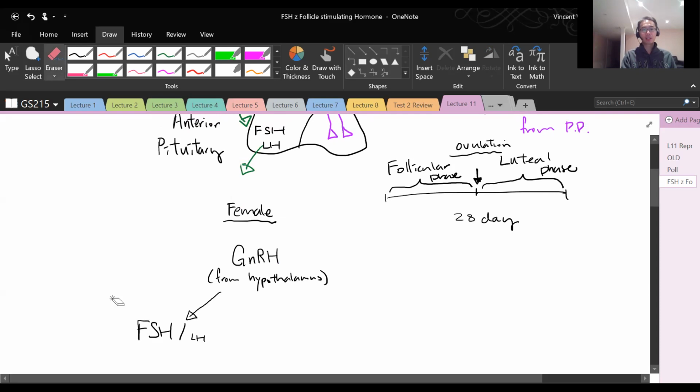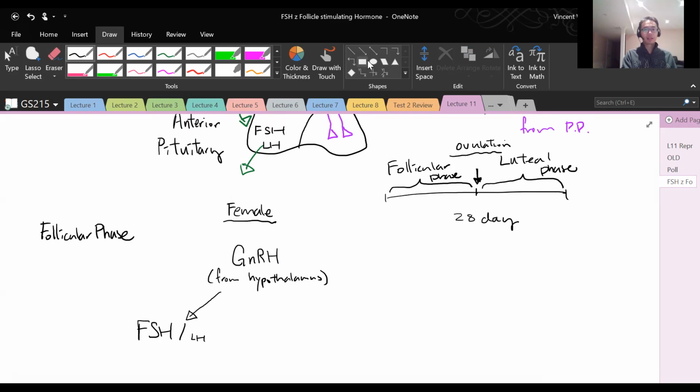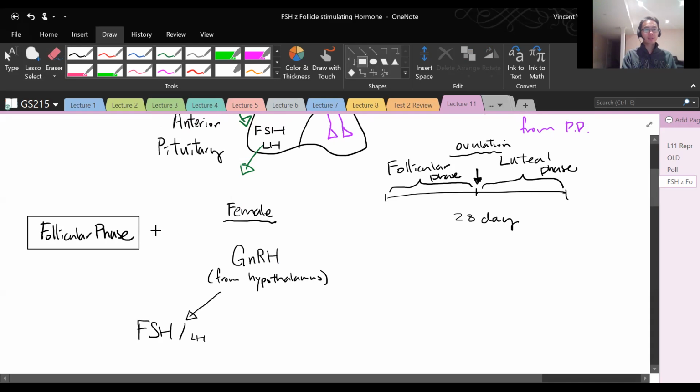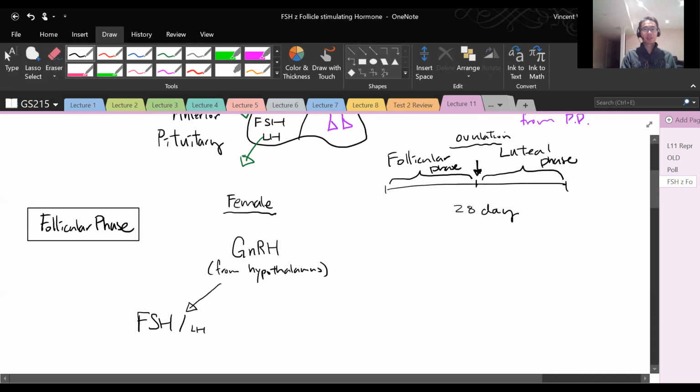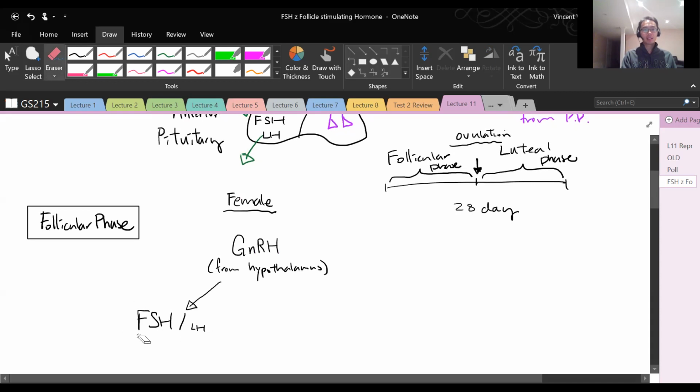Now we are talking about the follicular phase. During the follicular phase, you're going to have the GnRH from the hypothalamus. It is going to stimulate the release of both FSH and LH, but more FSH than LH. Dominating levels of FSH.